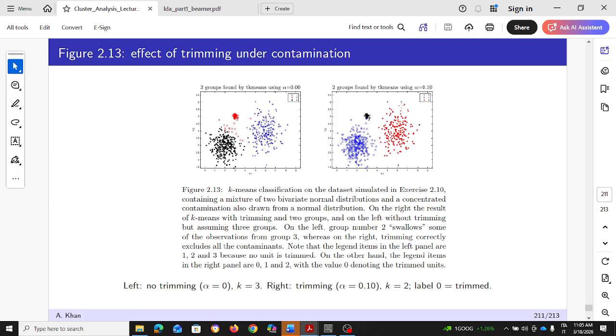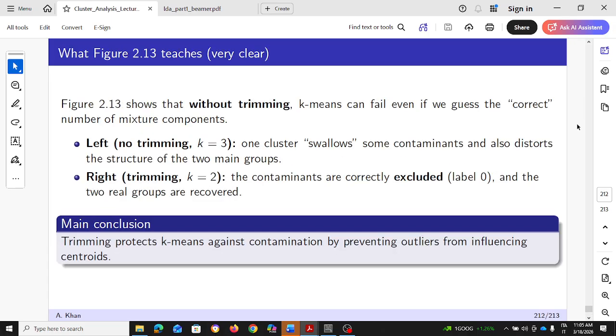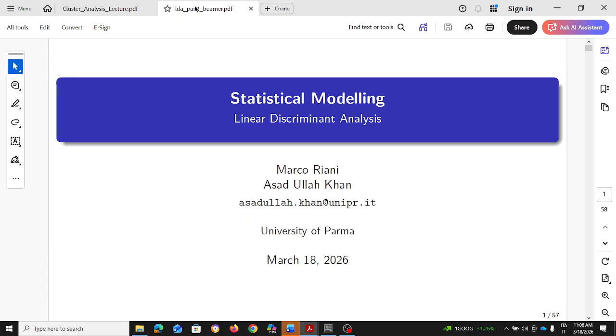And if it's with trimming, you will see the labels as 0, 1, 2, okay? It's the only difference. Okay, that's it, and that's the end of clustering.